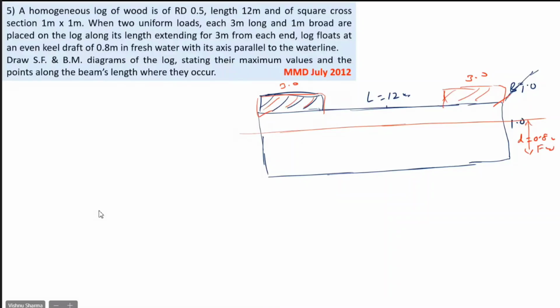Draw the SFBM diagram. Guys, if you see, the weight of the log will become the light displacement in this case. Yes or no, guys? Let's try to strike the equivalent. Weight of log will be light displacement. Yes or no? Am I right? Please let me know if there's any challenge. Correct? Does everybody agree?